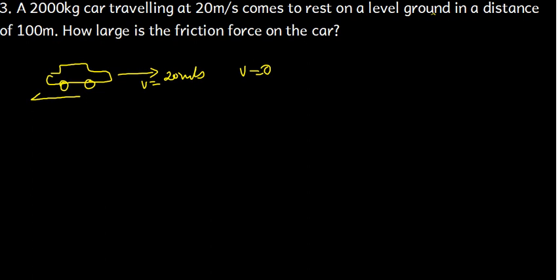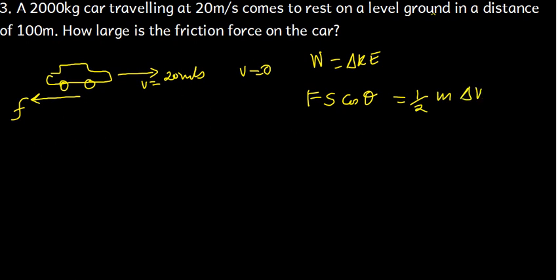Friction always acts in the opposite direction, and so we are going to use also the work energy theorem. Work is given by change in kinetic energy, and work is given by Fs cos theta, where F is the force we are talking about, and S is the displacement, and that will be equal to the change in kinetic energy, which is half m change in velocity squared.